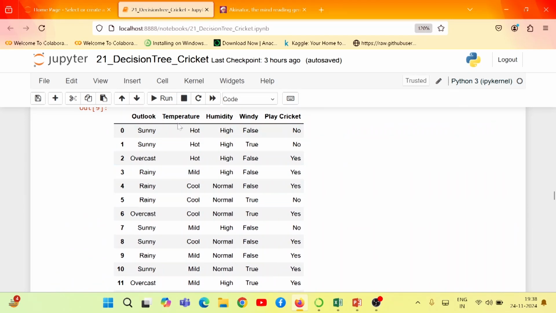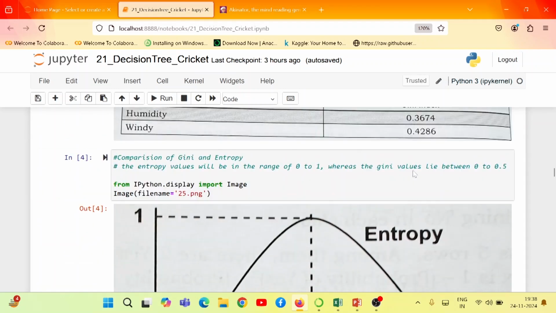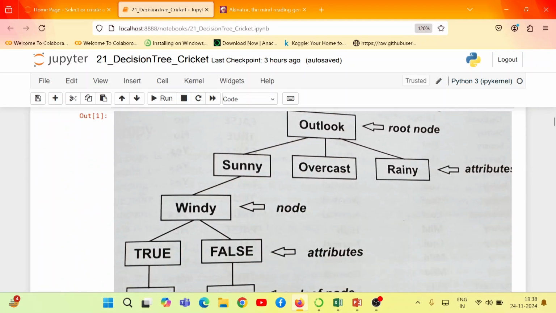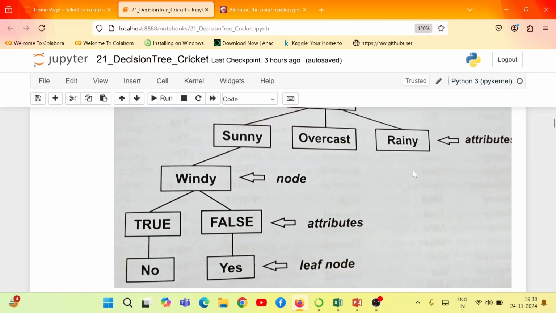If you see this data, we have other columns like temperature, humidity, and wind as well. So why have we made outlook the root node?